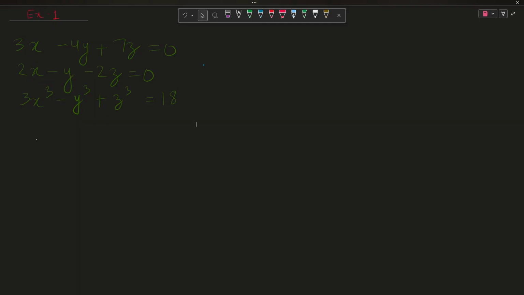Now in this, we know that there are three variables and three equations: x, y, and z. If there are three variables and three equations, then it is very easy for us to get the values of x, y, and z.